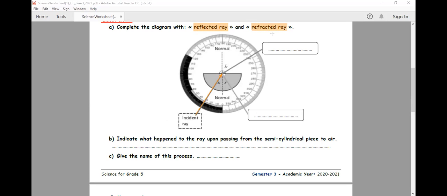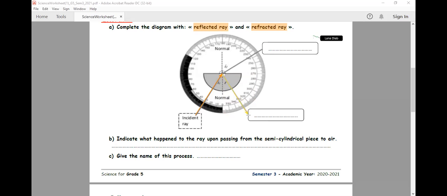This question is for all of you. So I will unmute all of you so you can help me. If it's noisy your side, keep muted. Which one of the two other rays is the reflected one, and which one is the refracted one?